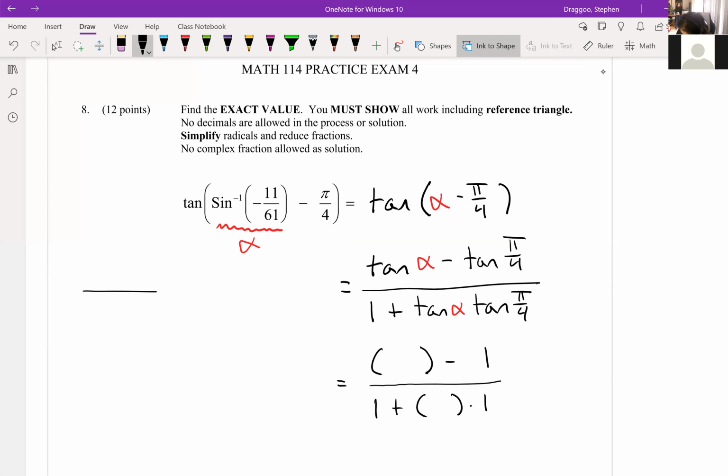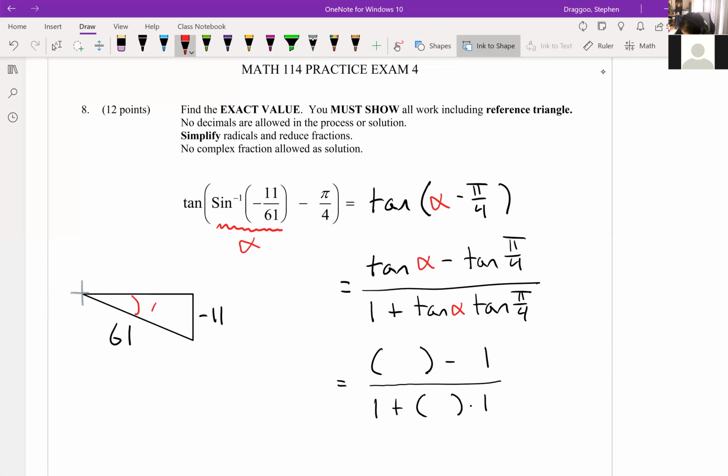Let's try and make a slightly more reasonable triangle based on the given information. We have sine inverse of negative 11 over 61. So negative 11 is the adjacent side, 61 is the hypotenuse.